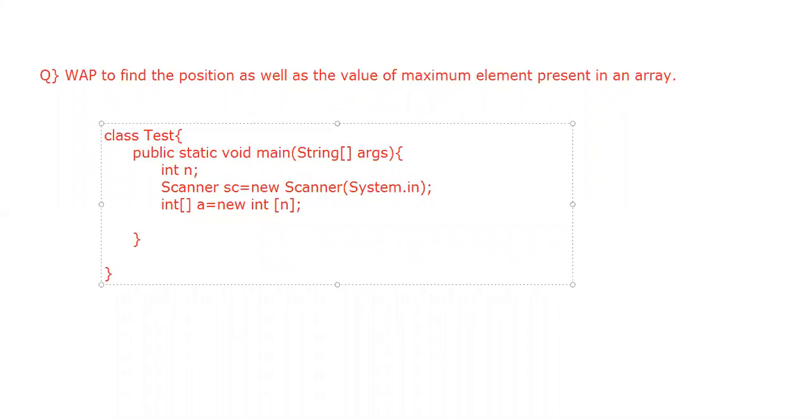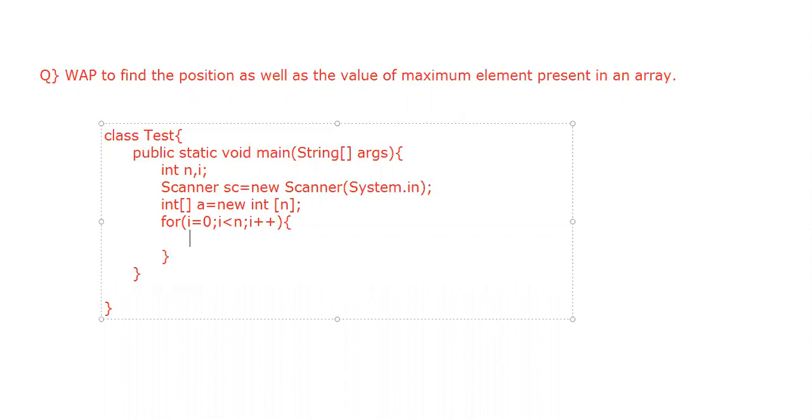Then we have to fill the array, so we need a variable by which we will run the loop. So for i equal to 0, i less than n, i plus plus, so it will be a[i] is equal to sc.nextInt().